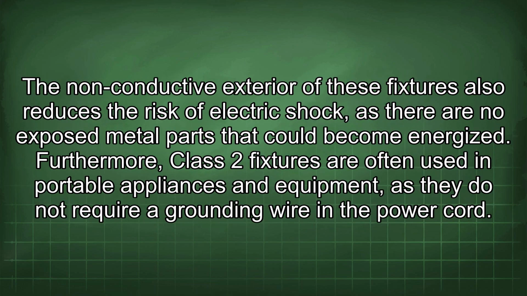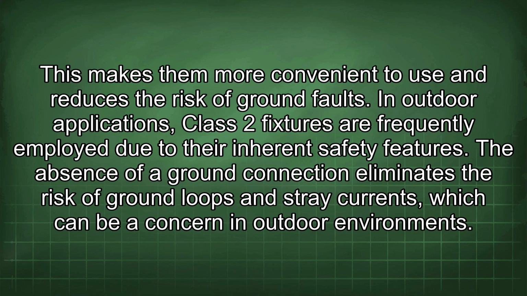The non-conductive exterior of these fixtures also reduces the risk of electric shock, as there are no exposed metal parts that could become energized. Furthermore, Class 2 fixtures are often used in portable appliances and equipment, as they do not require a grounding wire and a power cord. This makes them more convenient to use and reduces the risk of ground faults.